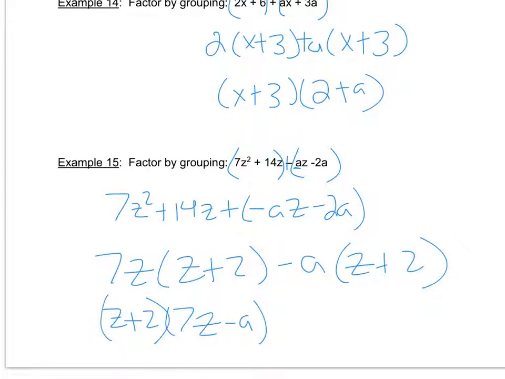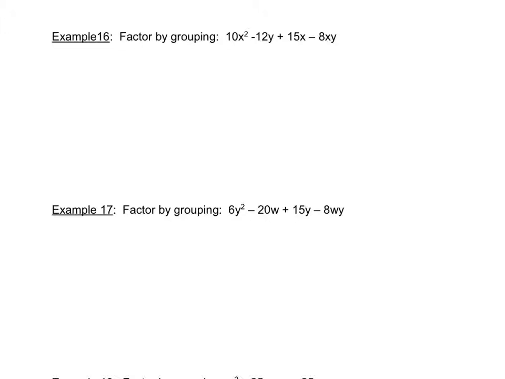Okay? Let's keep going. Alright, so remember, you group the first two, second two. Now, sometimes you have to rearrange things, so if it doesn't work, we'll see what happens. So let's check this out here. What do 10x squared minus 12y have in common? Looks like just 2.